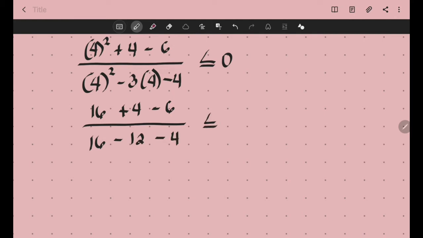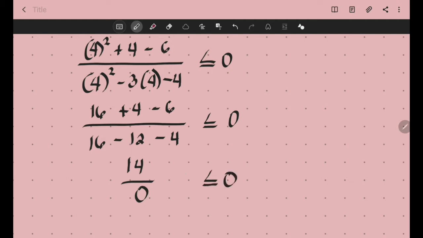Is it less than or equal to 0? So 16 plus 4 minus 6, we have 14, all over 16 minus 12 minus 4, that is 0. So is it less than or equal to 0?